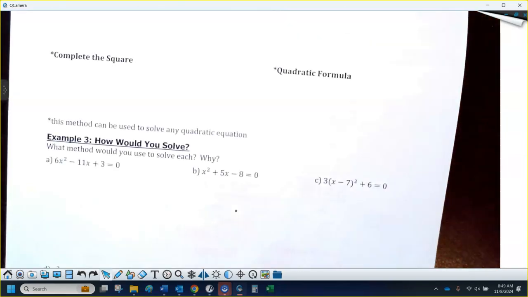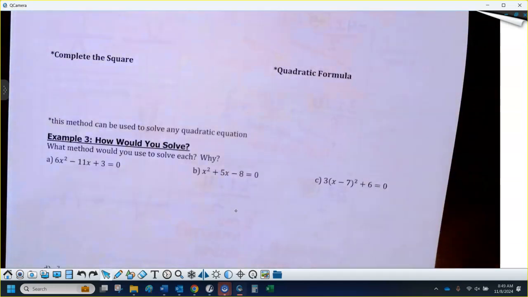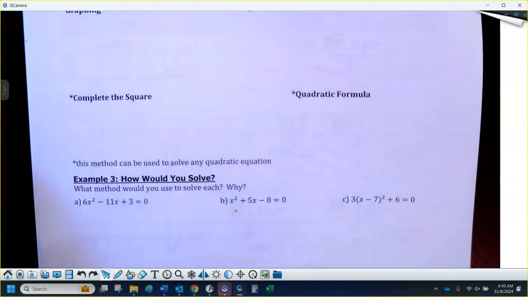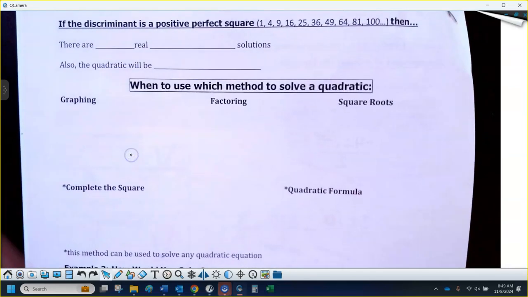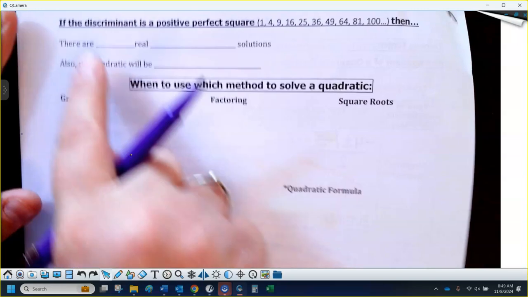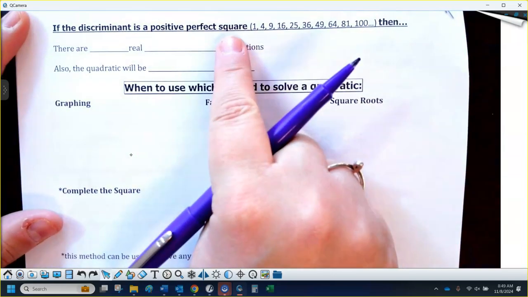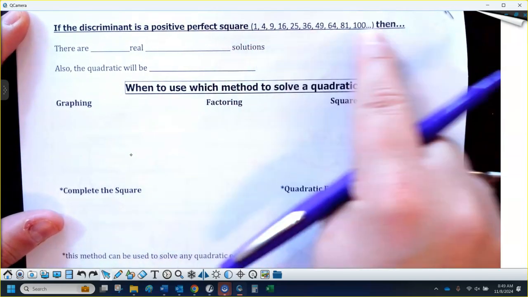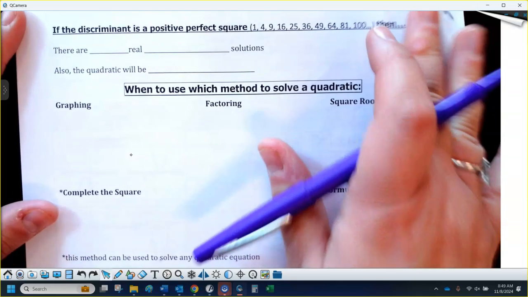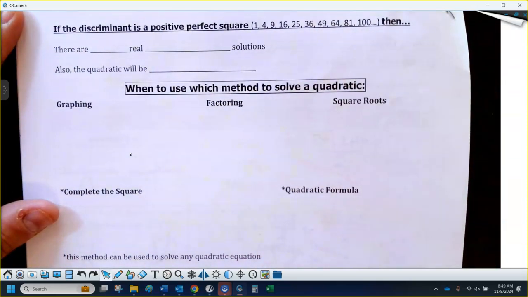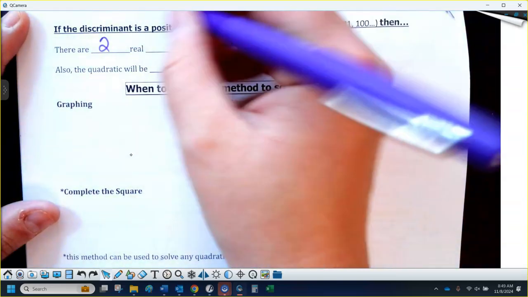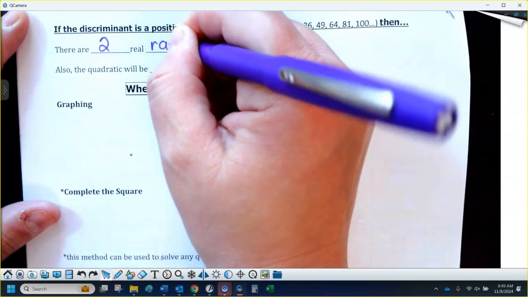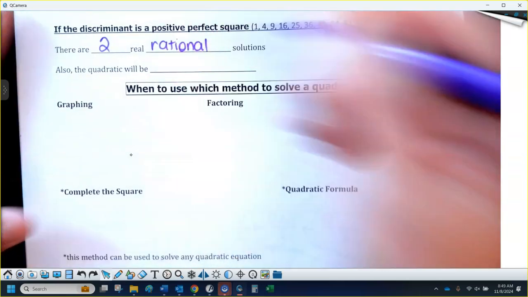Okay, now, the top part of this is kind of why I was talking to you about whether we had a perfect square as our discriminant. Okay, so it says if the discriminant is a positive perfect square, like I just listed some perfect squares for you. These are up on the board too. So if we take the square root of any of those numbers, we get a nice value. There are 2 real, like I told you, rational solutions.